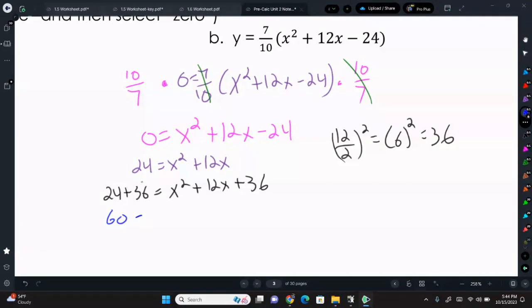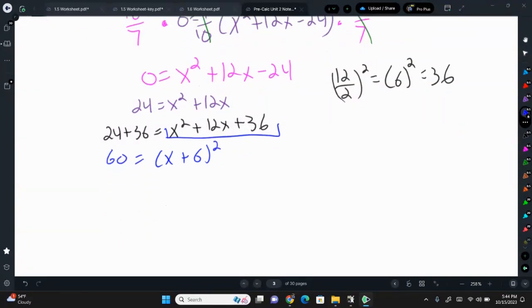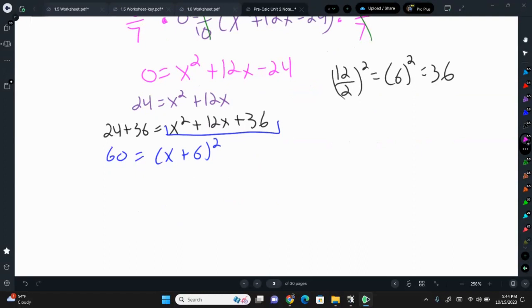That gives us 60 equals x plus 6 squared when we factor this. And then we'll square root both sides. We get, and I'm going to rearrange this, x plus 6 equals plus or minus the square root of 60.